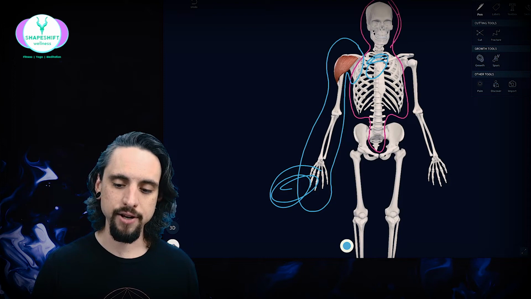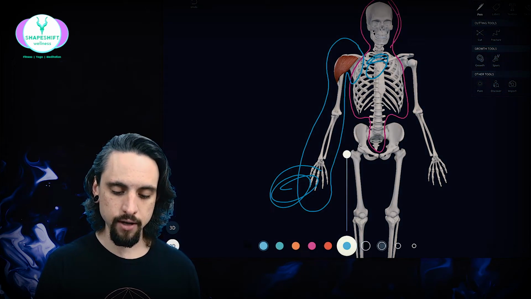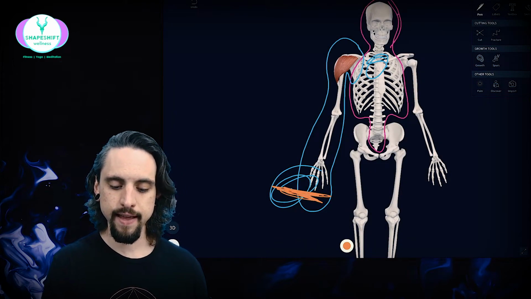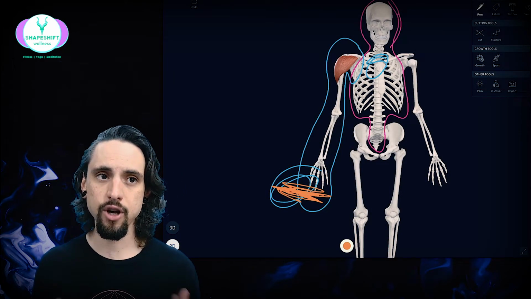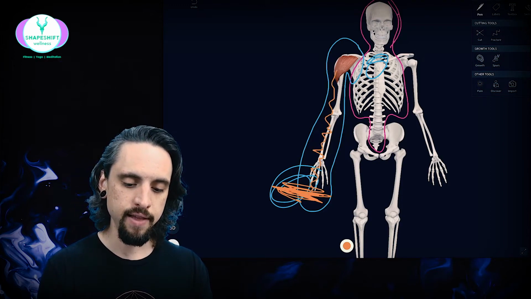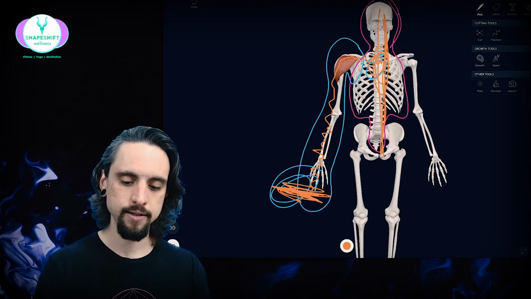You could imagine that if the arm is outstretched and you land on it, you have a bunch of force in the hand, and that force has to go somewhere. It goes up into the arm and then into the shoulder, and then it has to go into the spine somewhere.